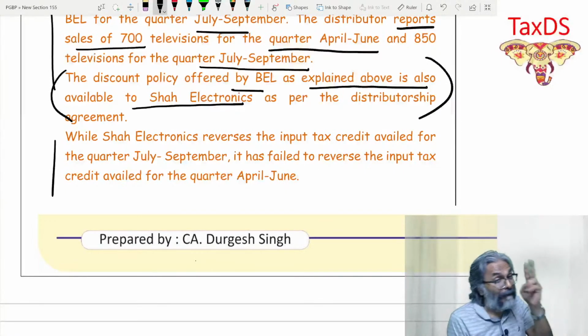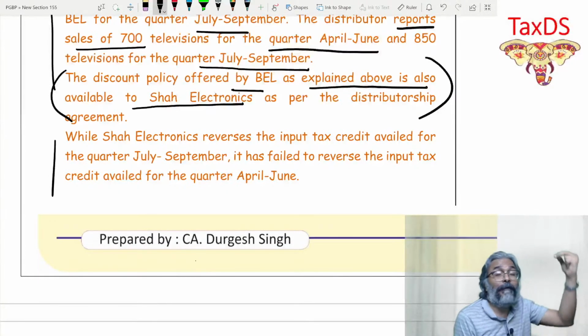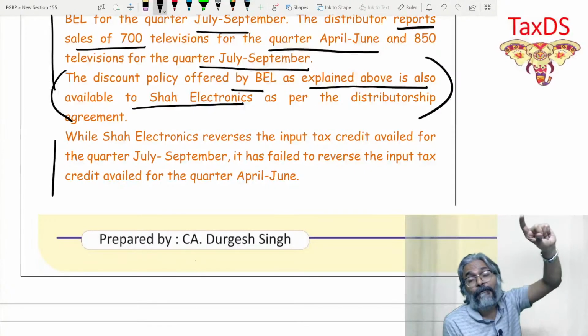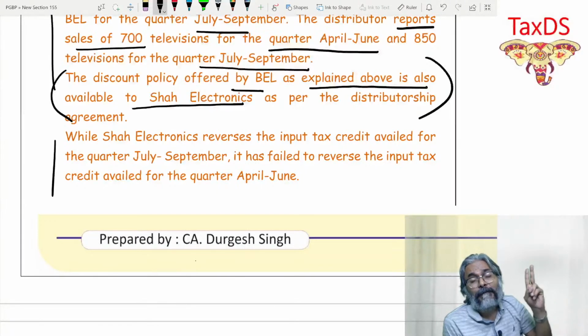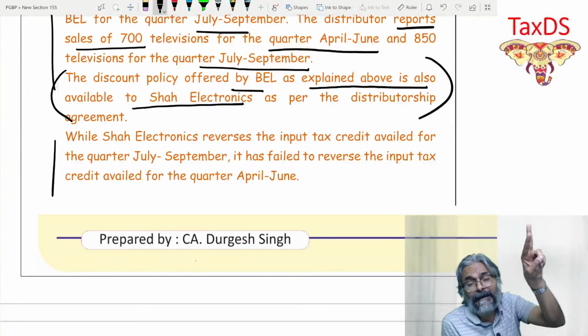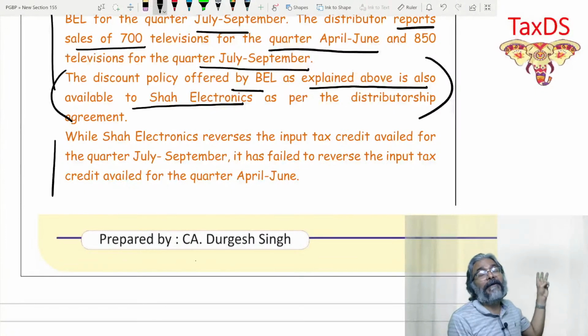The answer is no. And if you don't get the deduction of discount, can you recall, students, how the taxable value of the supply would be calculated? The taxable value for April to June would be the list price 8,400 plus what? Plus the additional charges for packing. Will there be any discount further? No, no discount will be given further.